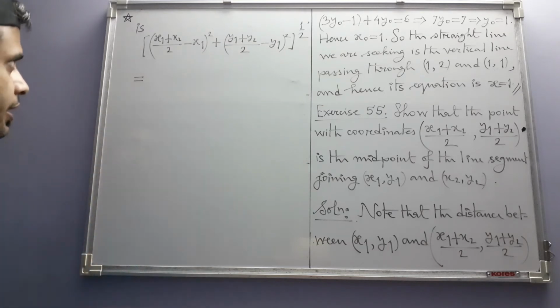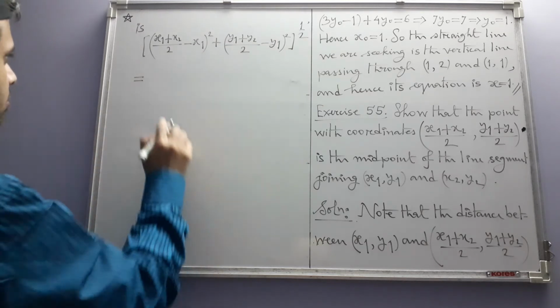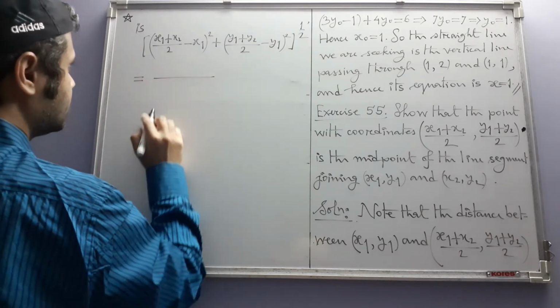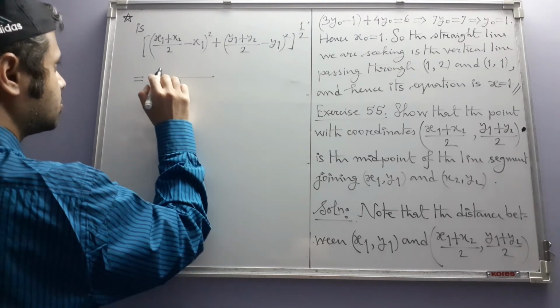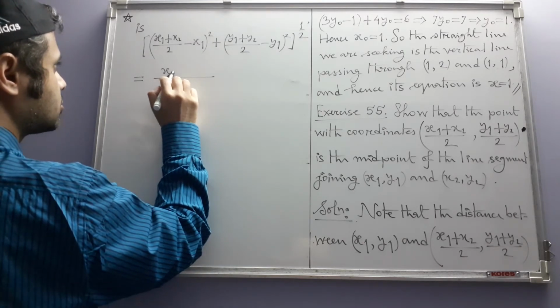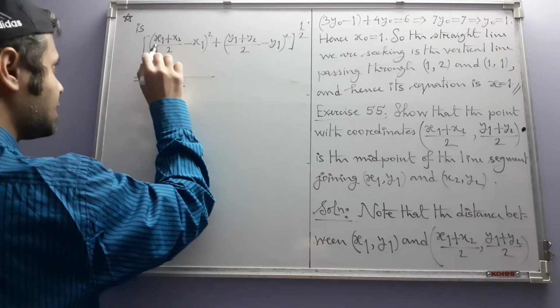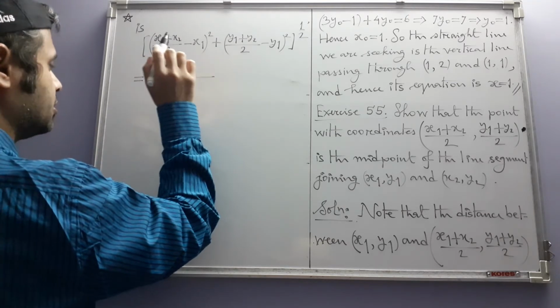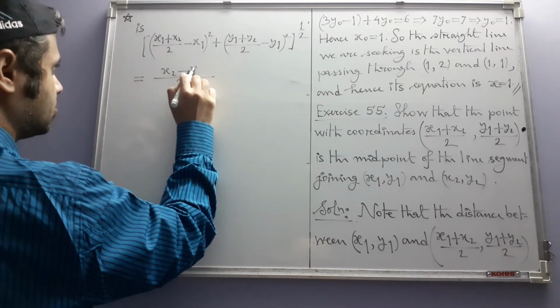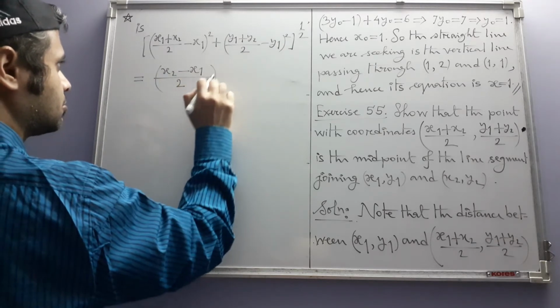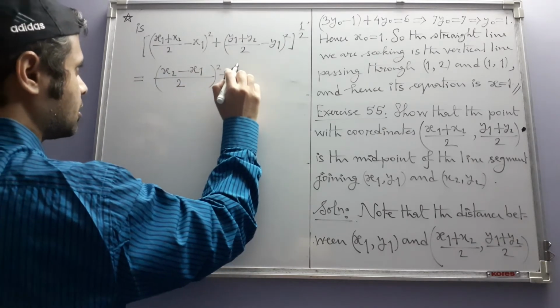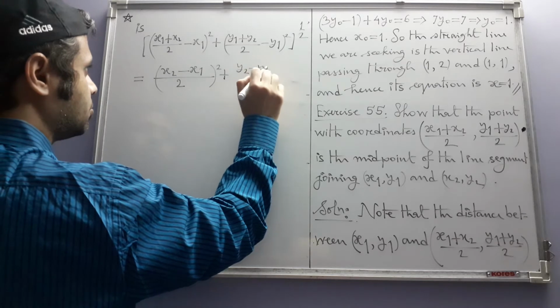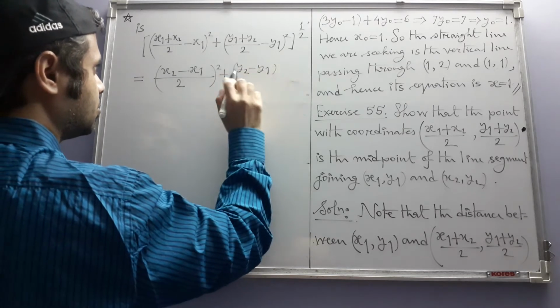So if we take LCM and do all the simplification, then we get x2 plus x1 minus 2x1 is minus x1, just like that, y2 minus y1.